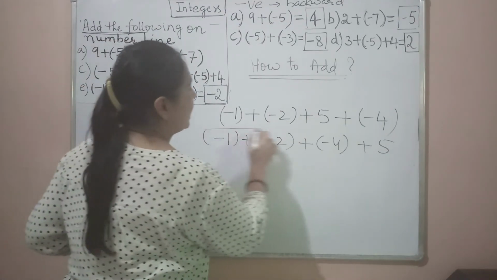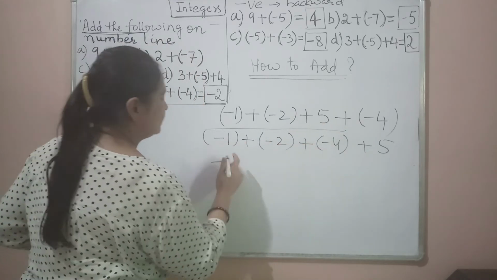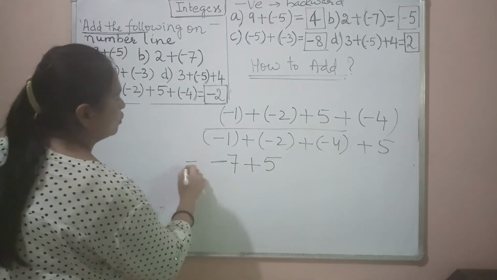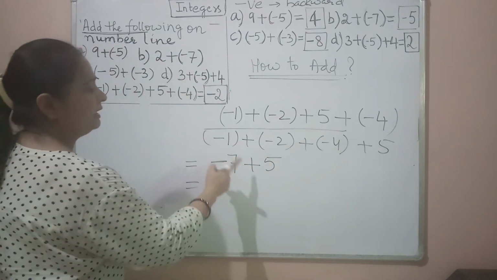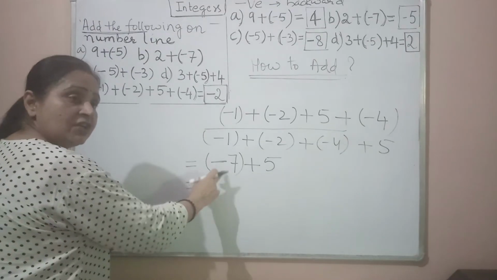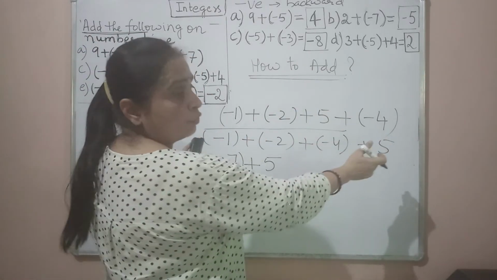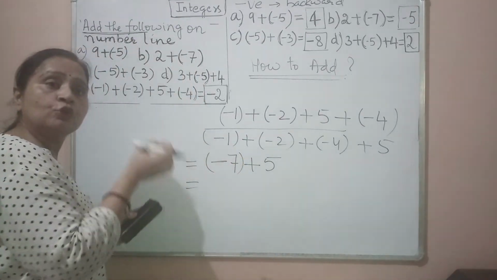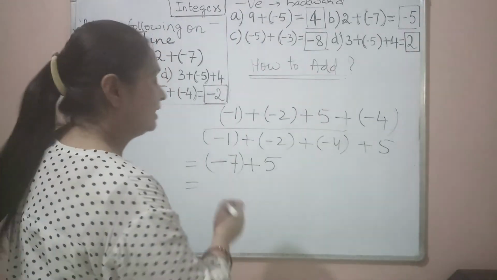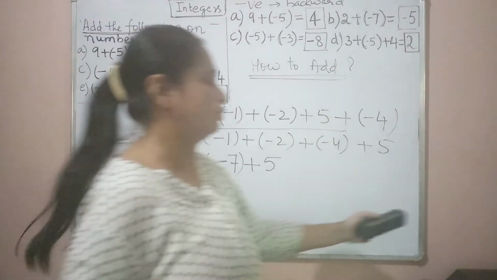We added these three, how much loss came: 4, 5, 6 and 7 rupees of loss, and 5 rupees of profit. So overall you can see he is suffering a loss. Over 4 days he had a loss of 7 rupees, but he could earn only 5 rupees. That means overall he is still suffering a loss of 2 rupees.